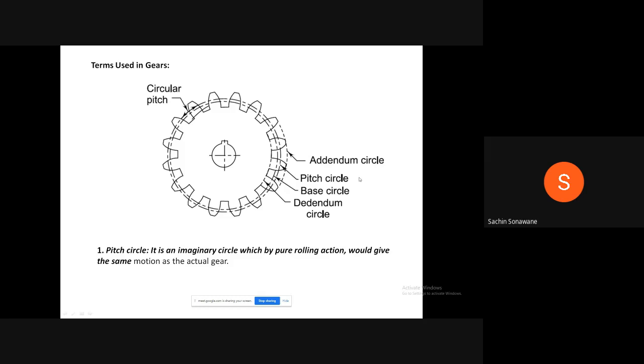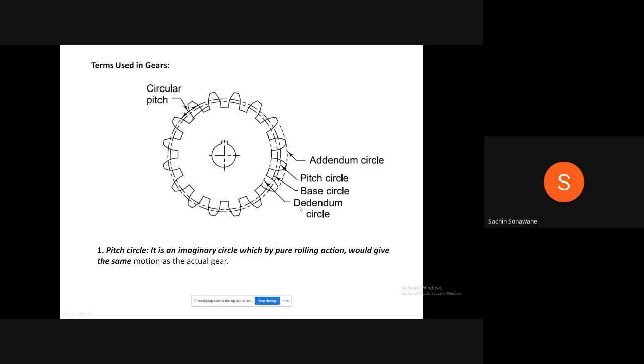Now there are four major circles in case of gear. First is pitch circle. Next is addendum circle. Addendum circle means the circle which is passing from the top of the tooth or top of the teeth and which is concentric with the pitch circle.